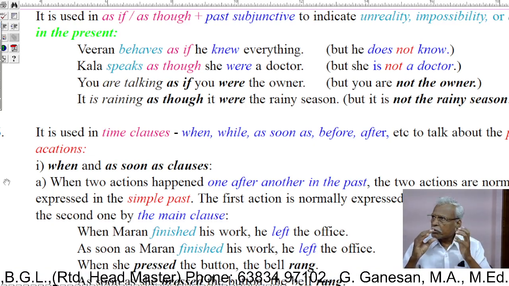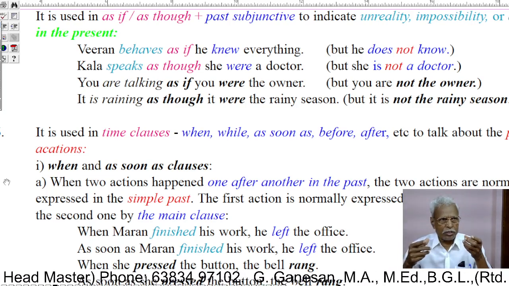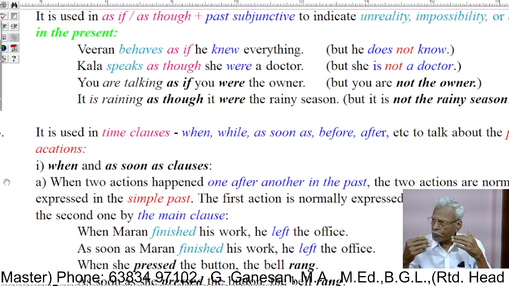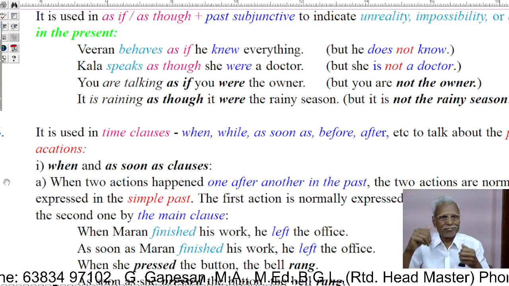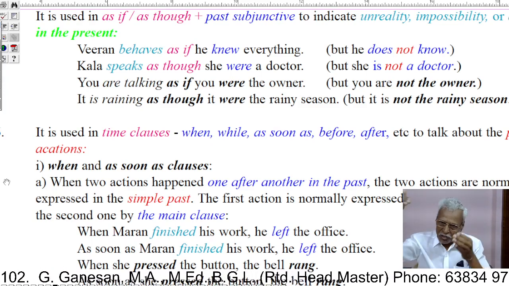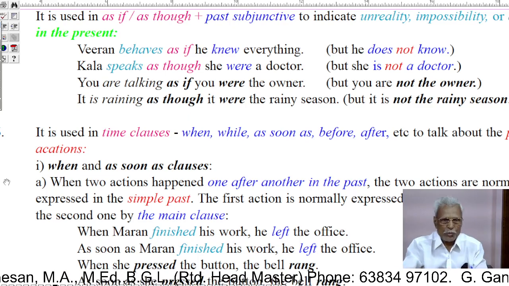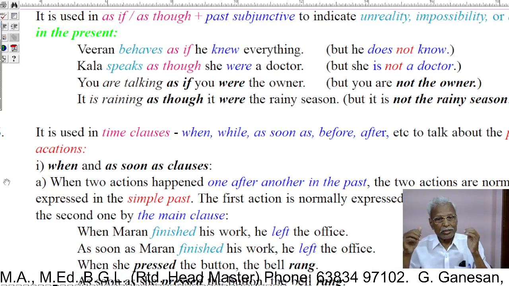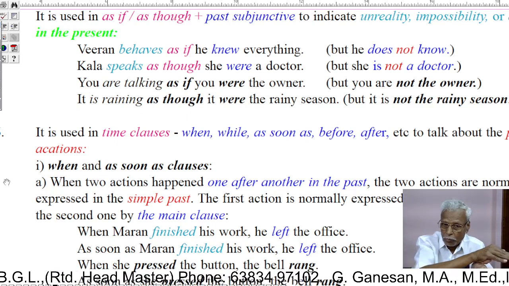When we like to express an action, an expectation that is not in use, that is not real, that is not possible, then we can use the simple past tense in one way.